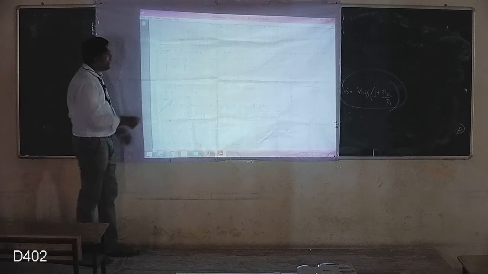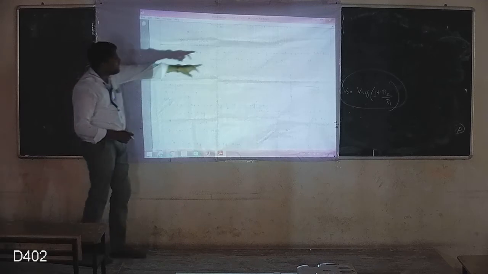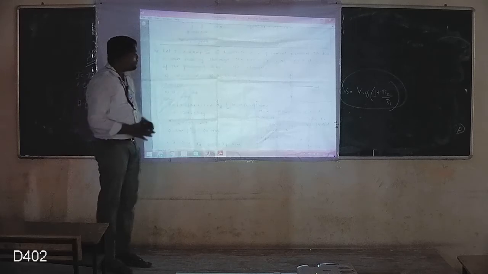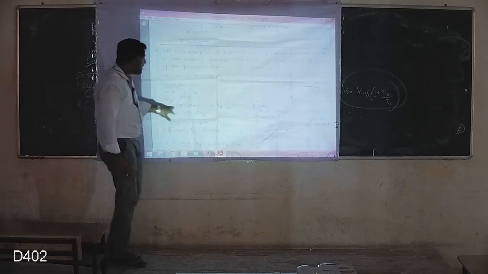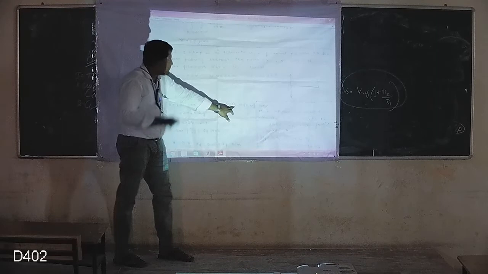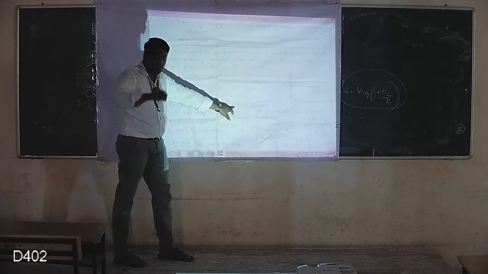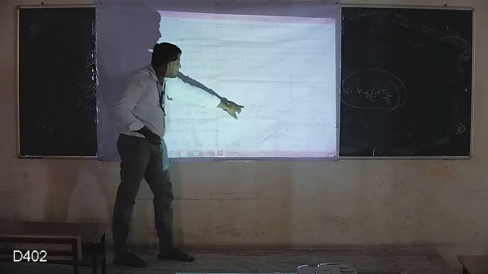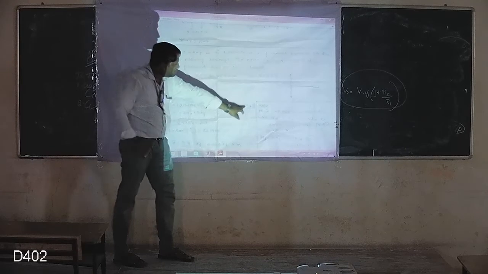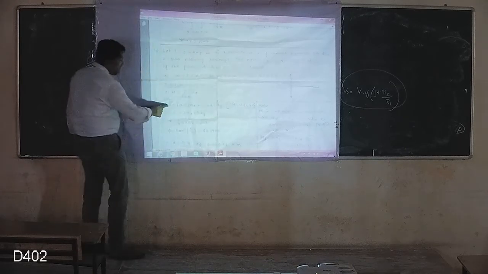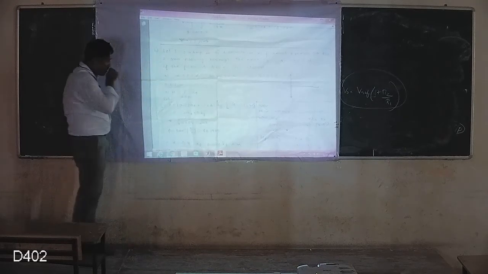So we have to find H vector at 0 comma 1 comma 0. Therefore R vector will always be the point at which we are going to find the magnetic field, 0 comma 1 comma 0, minus a point in the conductor, which is 2 comma minus 4 comma 0. So R vector is equal to minus 2 ax plus 5 ay.